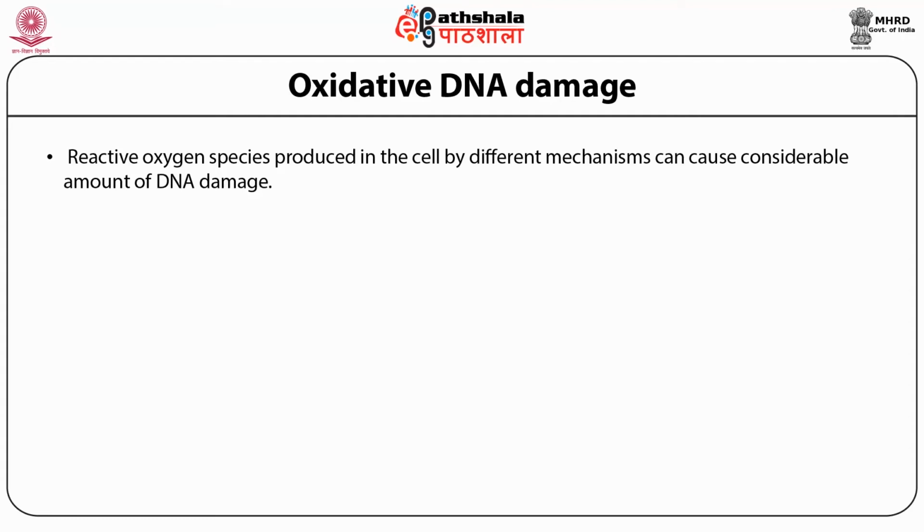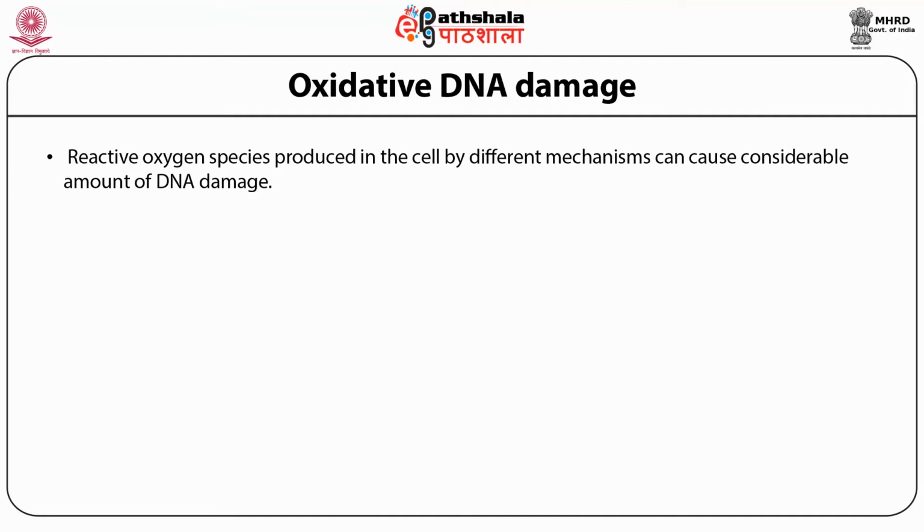Second, cells contain ROS scavenging enzymes like superoxide dismutase, which converts superoxide radical into molecular oxygen and hydrogen peroxide, and catalase, which converts hydrogen peroxide to oxygen and water. The third reason is that superoxide or hydroxyl radicals, if released, are so reactive that they react with nearby biomolecules before acting on DNA. However, ROS produced by other mechanisms can cause considerable damage to nuclear DNA.